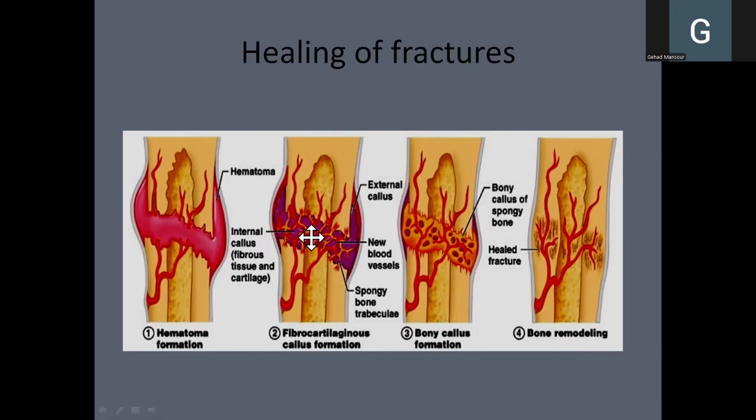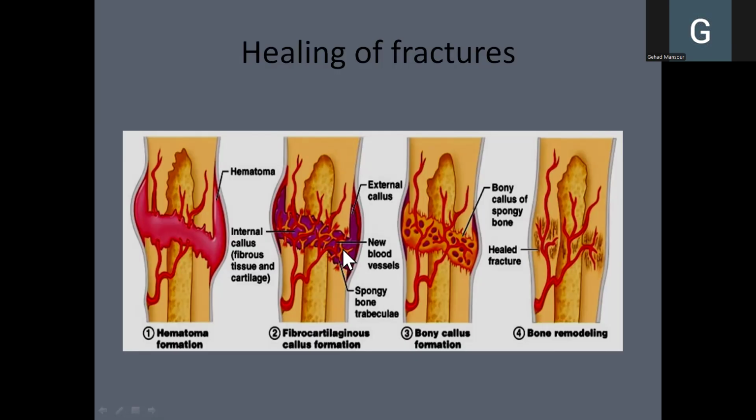So the intrusion of blood vessels and the stem cells they accompany and contain, and the conversion of the stem cells into chondroblasts and fibroblasts, has created this swelling that is called the callus, and the callus is divided into internal callus within the cavity of the bone, and external callus that appears on the surface.